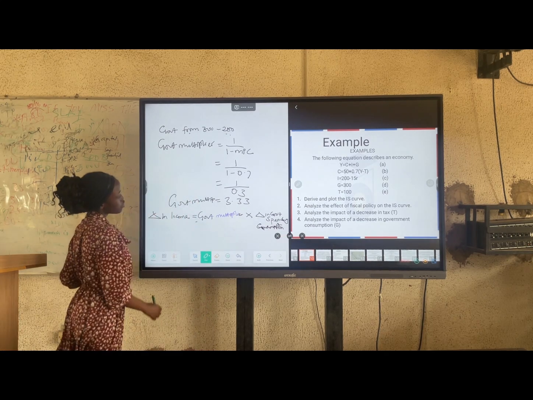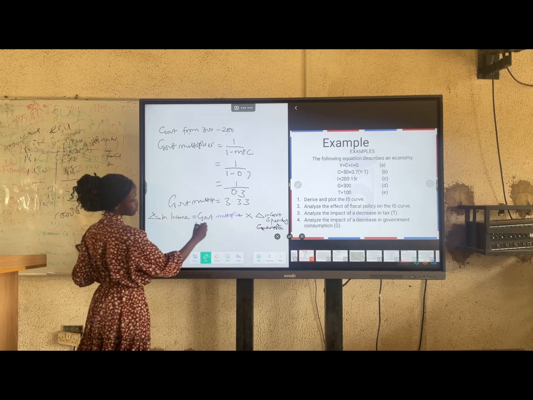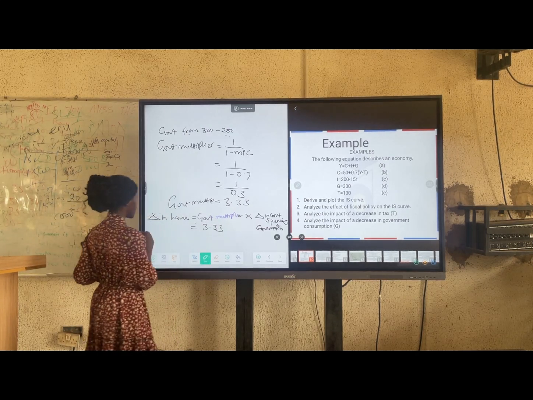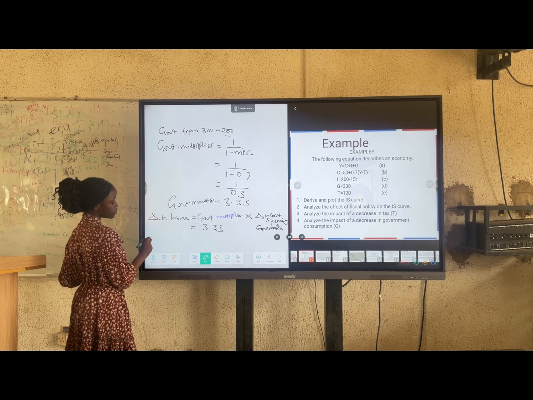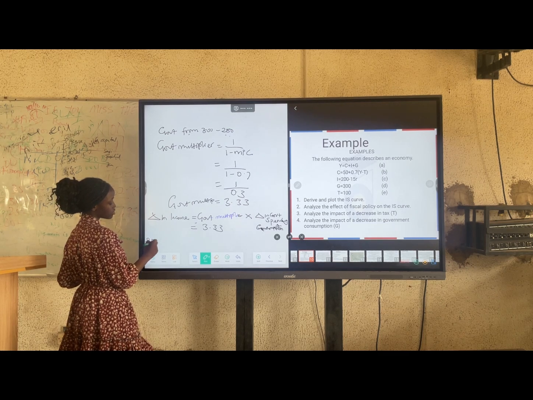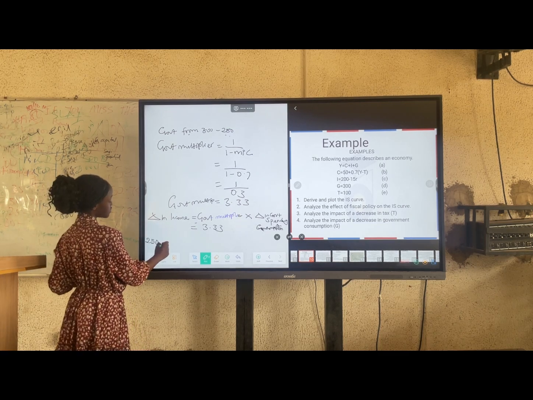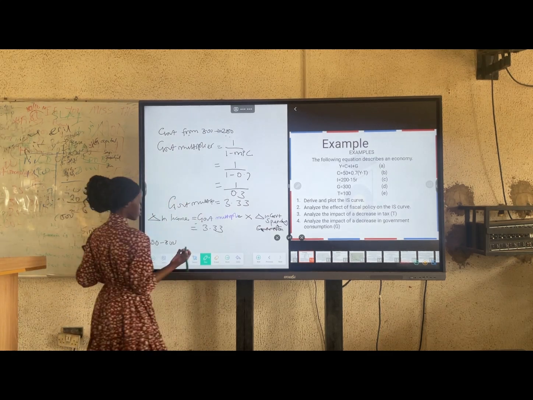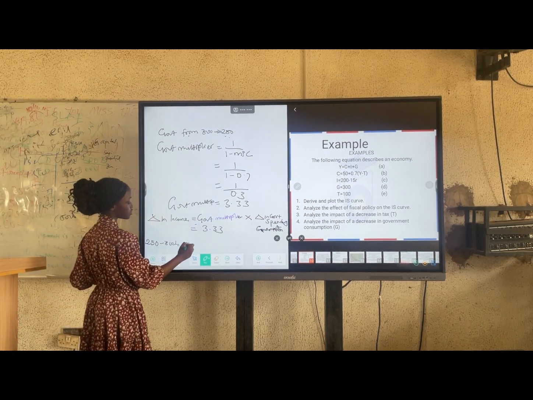My change in government spending is 250 minus 300, so we have minus 50.